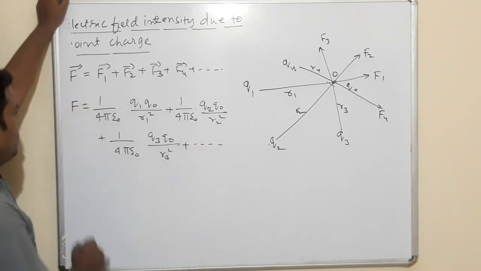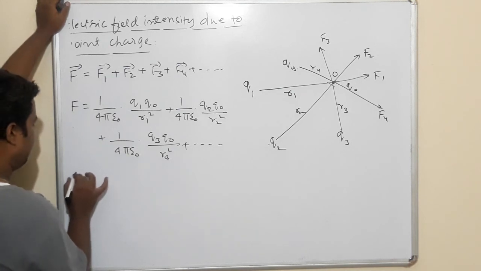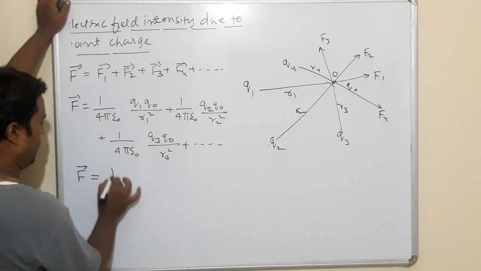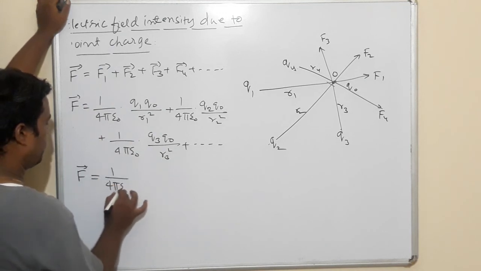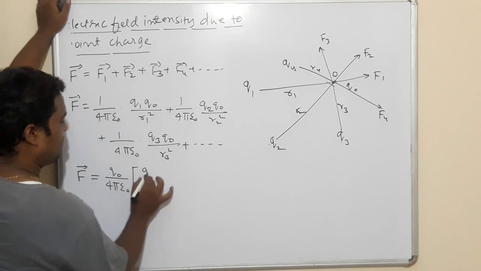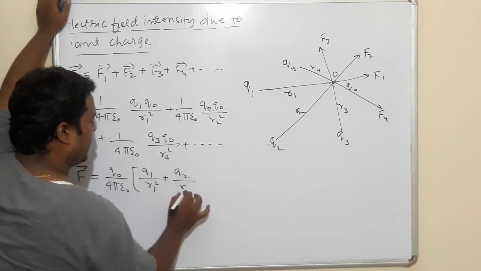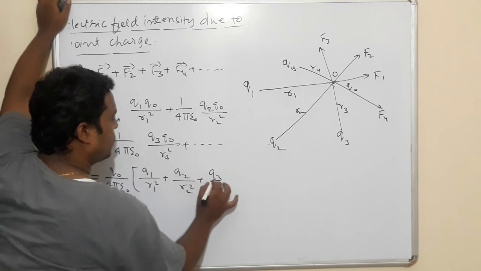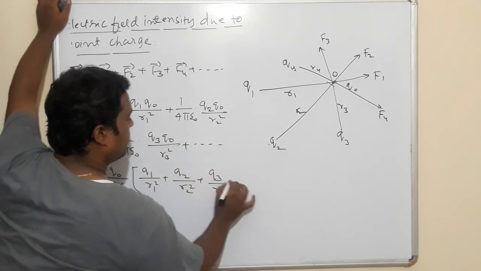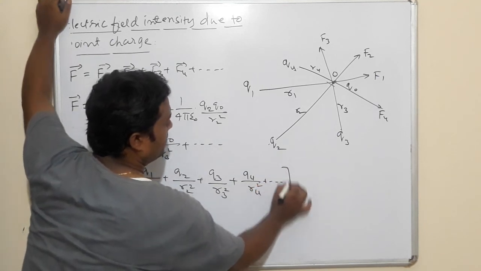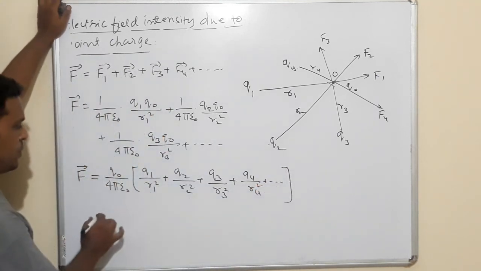Q4 also you can include. Then the net force will be equal to 1 by 4 pi epsilon naught, and Q0 is common. Then it will be Q0 times Q1 by R1 square plus Q2 by R2 square plus Q3 by R3 square plus Q4 by R4 square and so on. This is the net force.